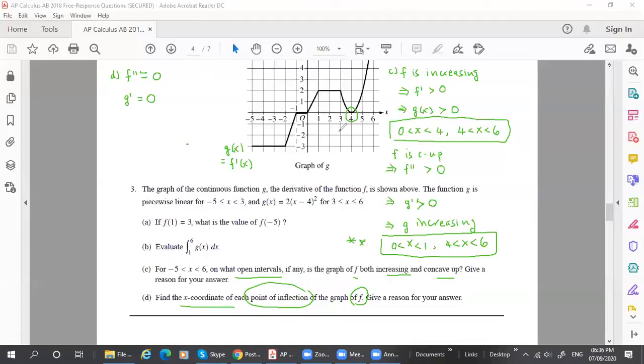So that is the only point where the graph of g changes from decreasing to increasing. There is no other part where the graph of g changes from increasing to decreasing. Therefore, the only point of inflection is at x equals 4.